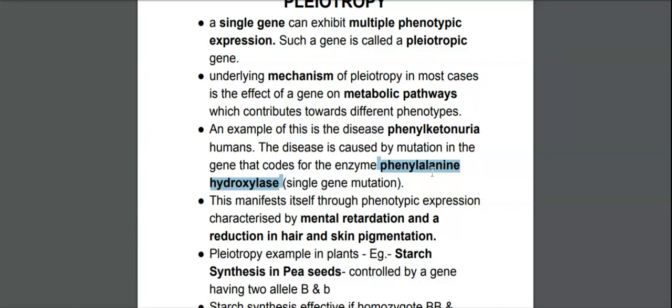Because of this, phenylalanine, which is an amino acid, cannot be converted to tyrosine, which is another amino acid, and it leads to accumulation, causing mental retardation and reduction in hair and skin pigmentation. So in other words, these are your phenotypic expressions, and a single mutated gene is causing these different phenotypic effects.